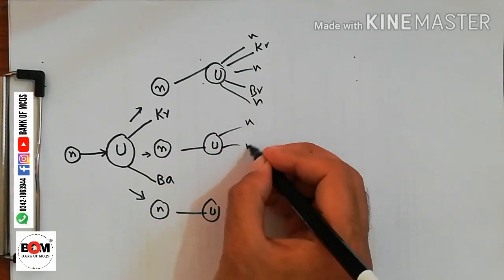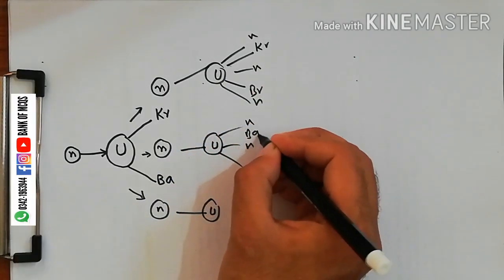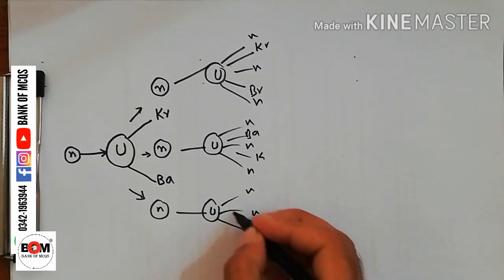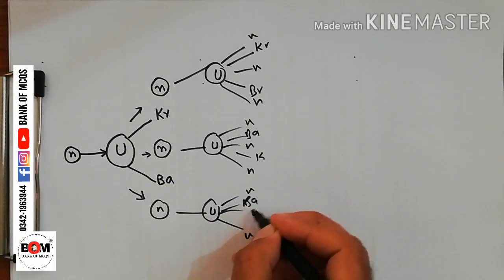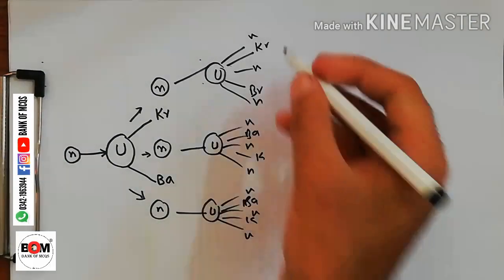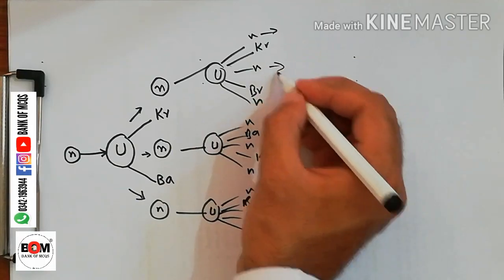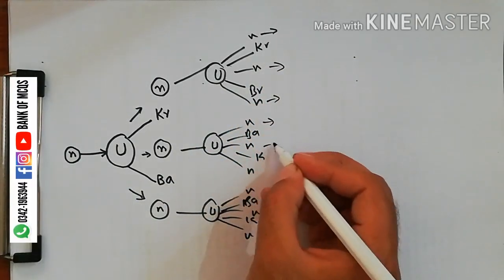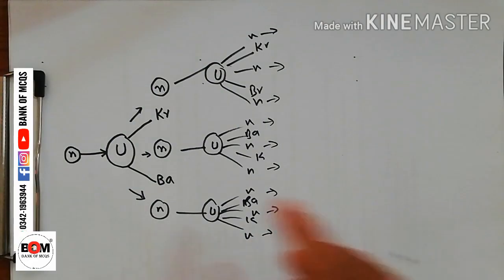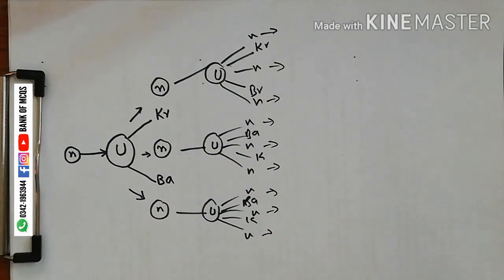This process continues, and so on, until the whole uranium is converted into barium and krypton and energy is produced.